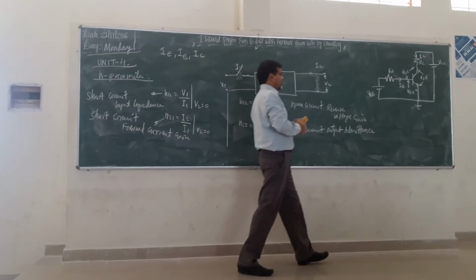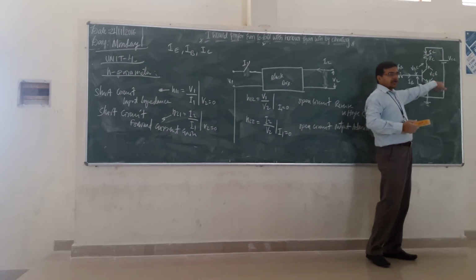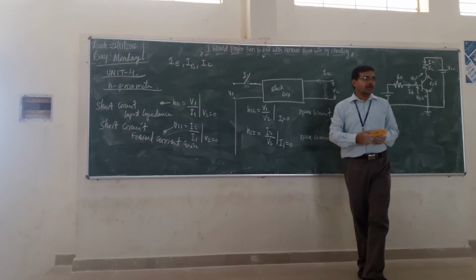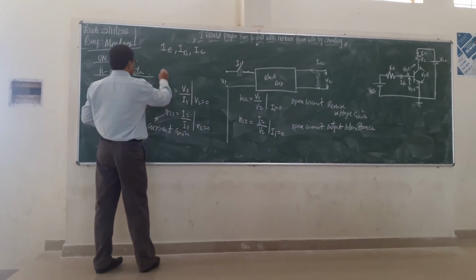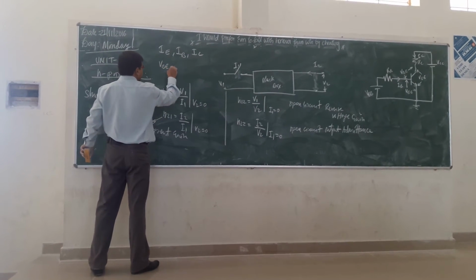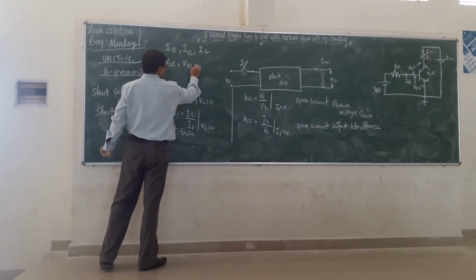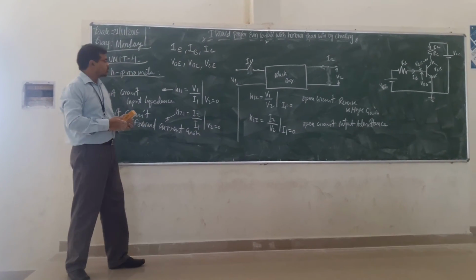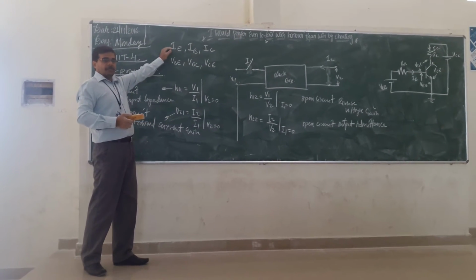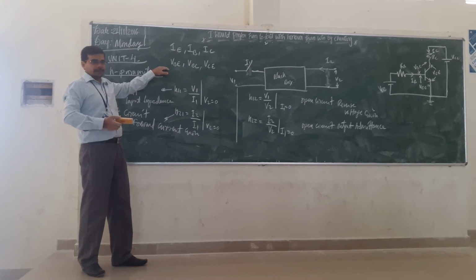Three current parameters. Now if we are seeing the voltage, how many voltage parameters? We are having base emitter voltage, base collector voltage, and collector emitter voltage. So we are having three current parameters, three voltage parameters.